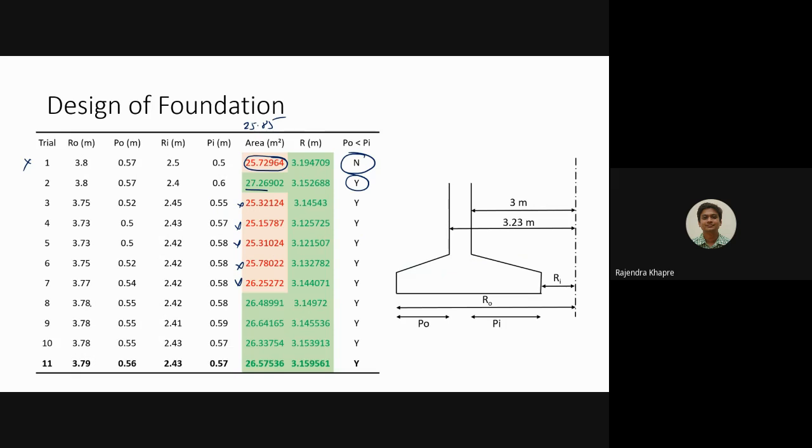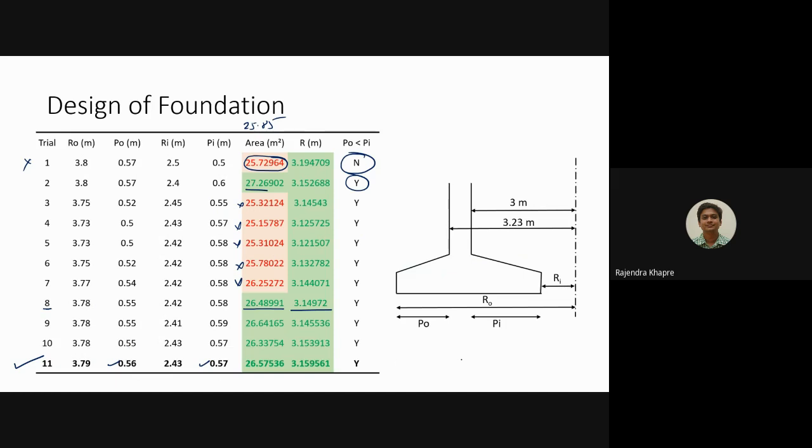You can see this 8th trial is going to give me a value of 26.4, and this value is 3.14. Okay. So I have gone ahead, and at the end I am settling at this. Here you can see I have taken the R outer and R inner. The inner projection is 0.57 and the outer projection is 0.56.